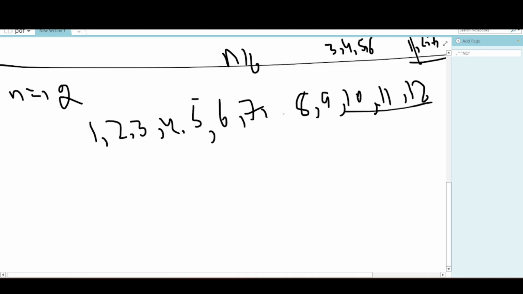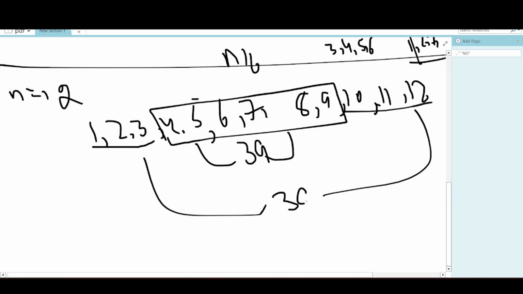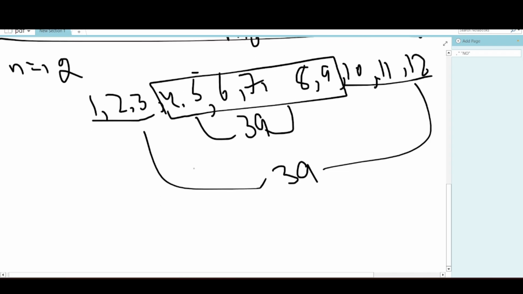So I will leave 3 elements from the left and 3 elements from the right. The middle 6 elements are 4, 5, 6, 7, 8, 9. If I check the sum: 4 plus 5 is 9, plus 6 is 15, plus 7 is 22, plus 8 is 30, and plus 9 is 39. So the sum from these middle 6 elements is 39, and the remaining 6 elements also give me the sum 39. That means this algorithm works.